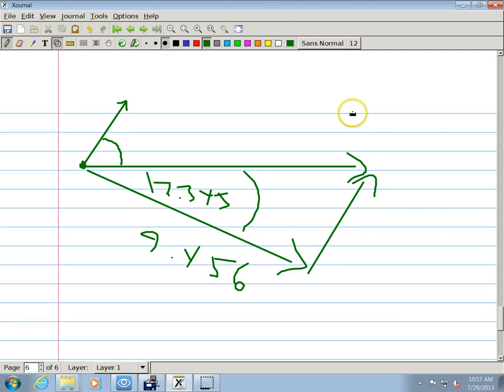So I didn't make it long enough, though. Make it a little bit longer. I'm trying to draw this vector over here. Whoa, that's bad. All right, long enough. Say that vector.